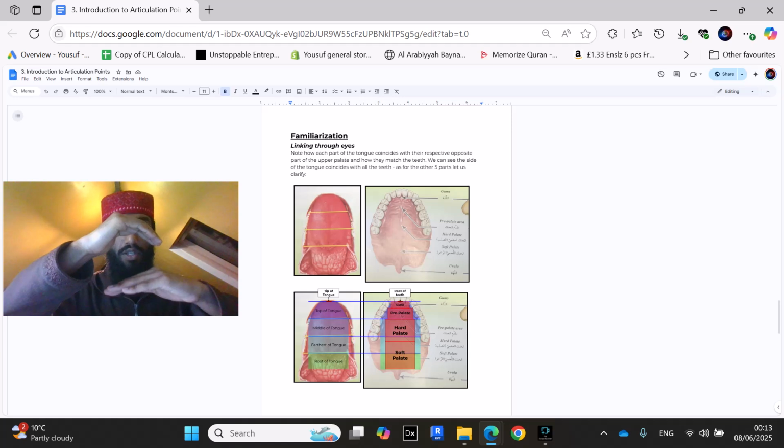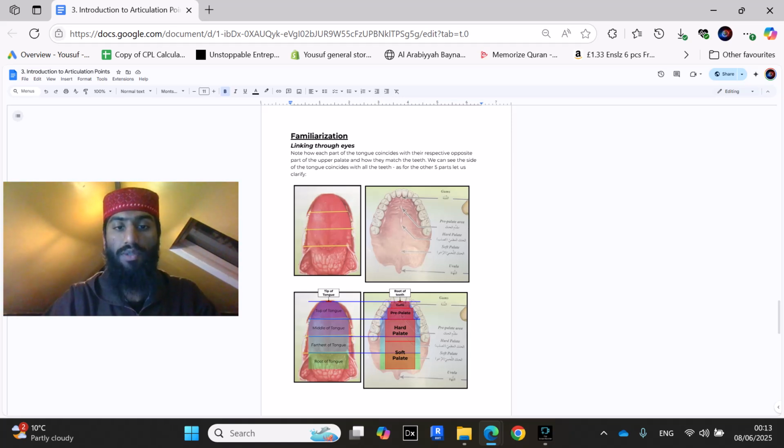So the middle of the tongue would coincide with the middle of the upper palate, as you can see here. So here's the top of the tongue, there's the top of the upper palate. These coincide with each other. As you can see, the tip of the tongue goes to the root of the teeth, just after the gums, which is the root of the teeth.